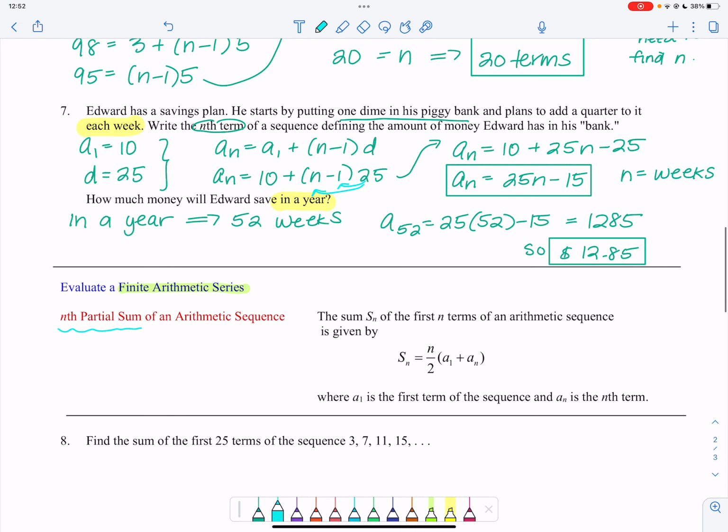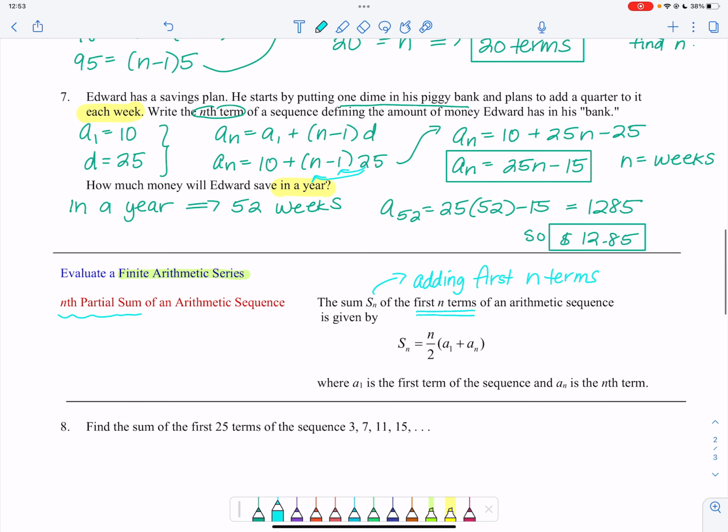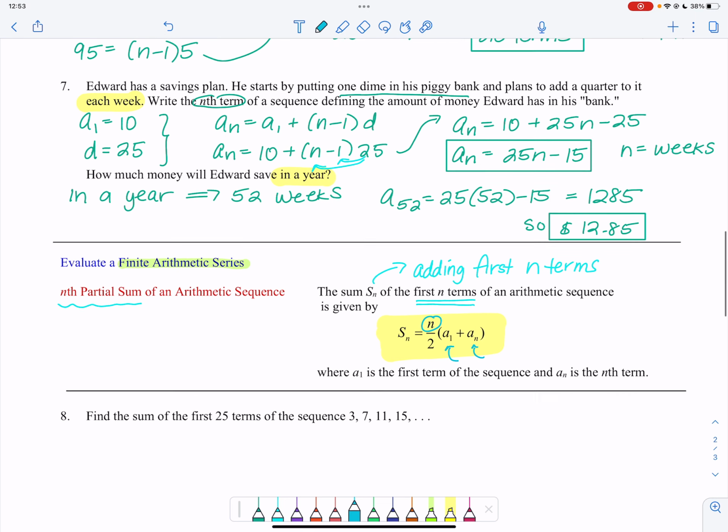The sum S sub n of the first n terms, so we're adding the first n terms together, is given by this equation right here. This is the first term and this is the nth term, and this n and that n are the same.